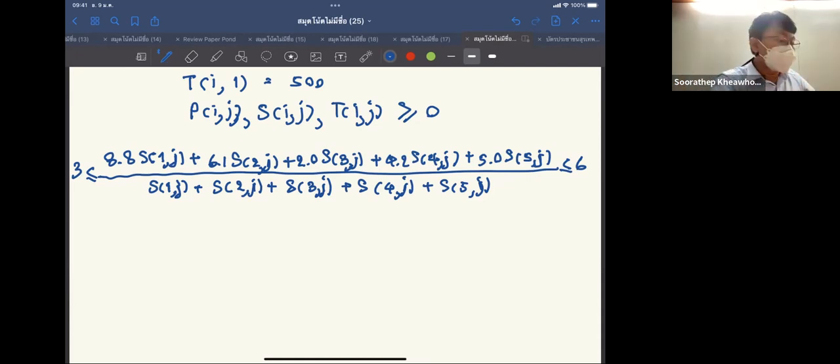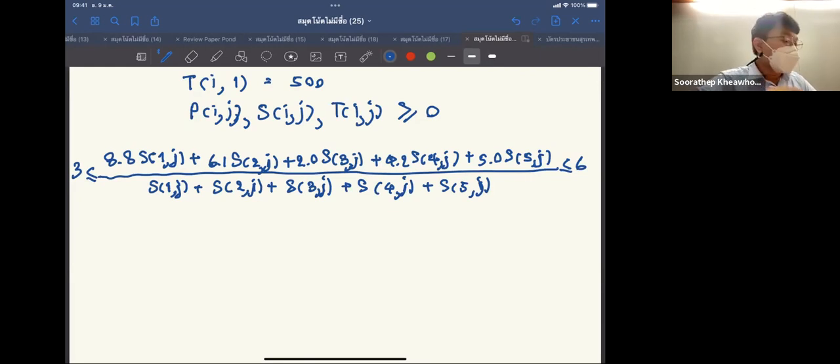You see that if you write the constraint this way, the constraint is not linear anymore, because you divide a variable by a variable. It becomes nonlinear. But actually this one can be formulated as a linear function.